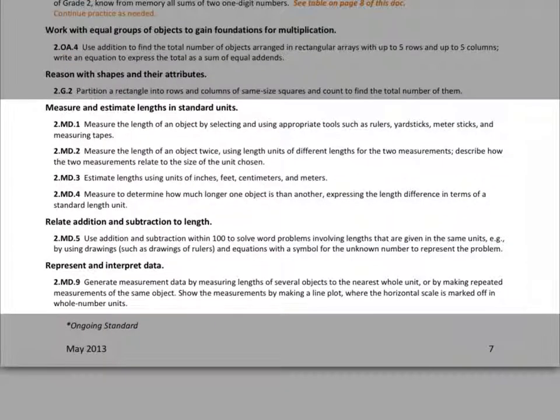A large part of the standards in Unit 4 deal with measurement and data. Second graders learn to measure length with a variety of tools such as rulers, meter sticks, and measuring tapes. Although this appears to some adults to be relatively simple, there are many conceptual and procedural issues to address.